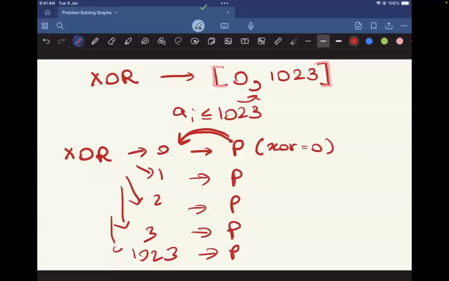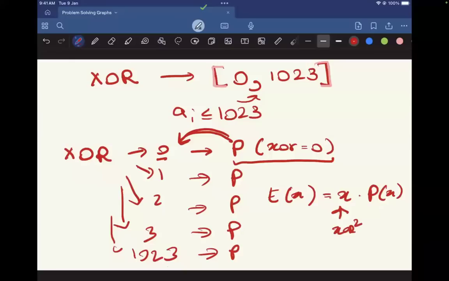Did you understand that for every XOR, we can calculate the probability of getting that XOR over all subsets? Correct? So we know that E of x is nothing but x into P of x, right? So x is just XOR squared, and this is the probability of getting that XOR.